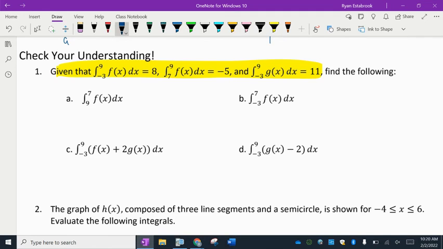So they ask questions about F and G. The bounds are changing. Some of the bounds aren't quite in the given. So we have to figure out how we can use that yellow given information in order to answer these questions.